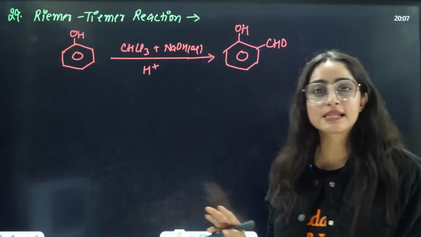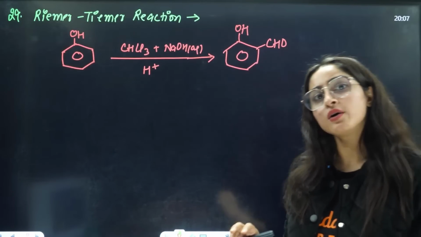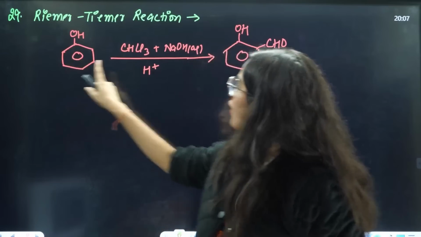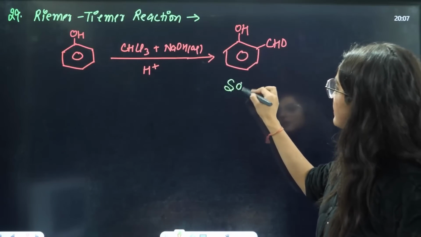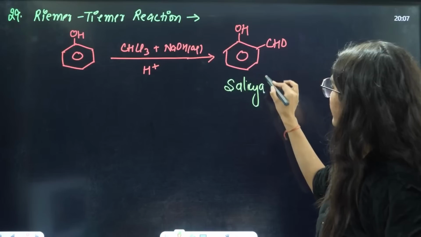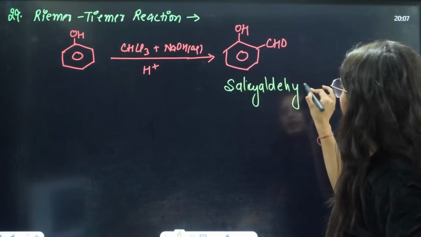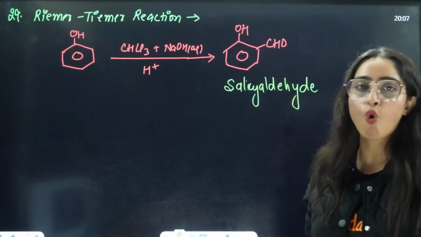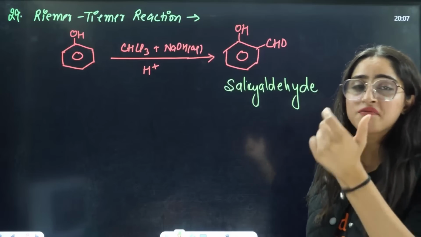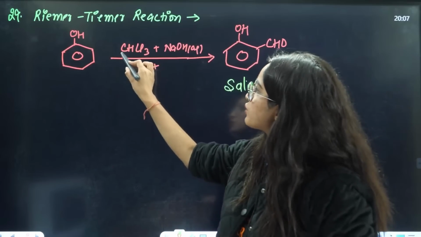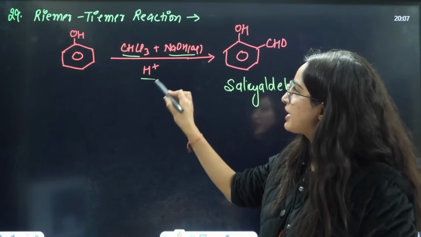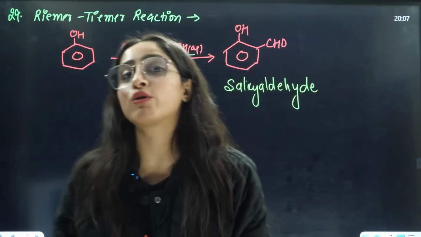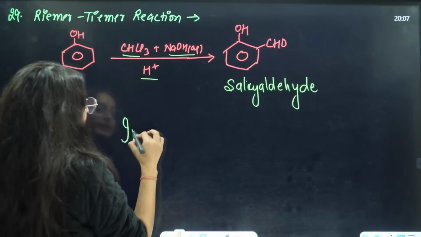Okay. Now next is Reimer-Tiemann reaction. It is quite similar. From phenol you have salicylaldehyde. Instead of COOH, you have CHO. Now, here you are using chloroform, NaOH and H positive. A very important point about this reaction is the intermediate.